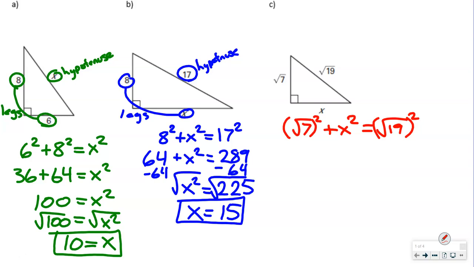Now whenever I square the square root of 7, that becomes square root of 49, which is just 7, plus x squared. And then whenever I square the square root of 19, it is just 19. So to get x squared by itself, I'll subtract 7.